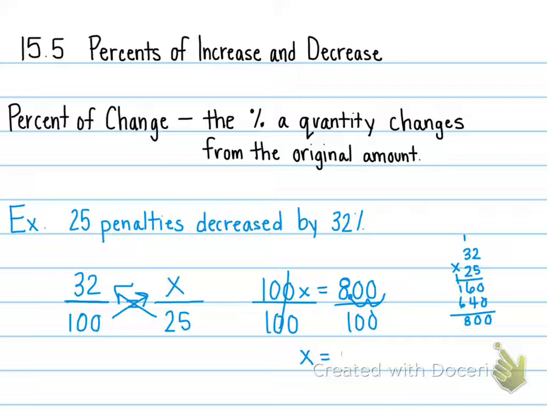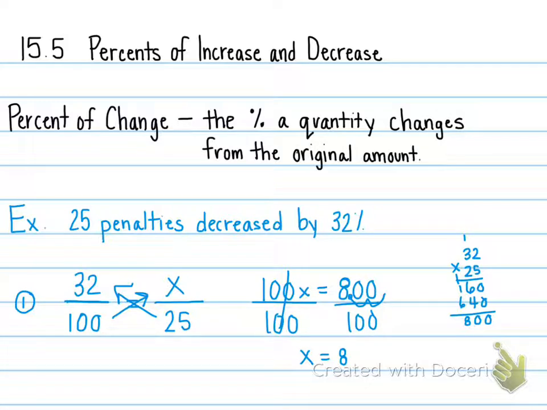So the thing is, the answer isn't 8. When you look at this problem, it says 25 penalties decreased by 32%. So my first step was to find out what the 32% was.